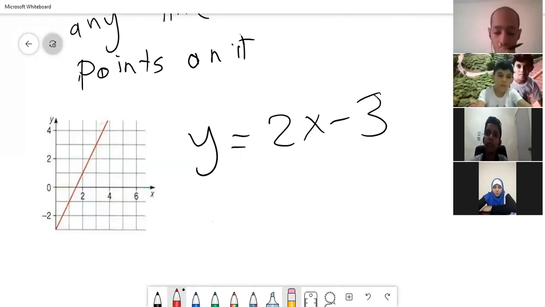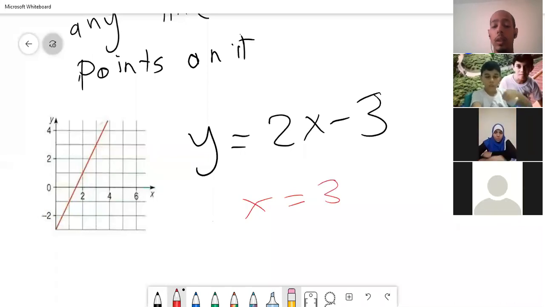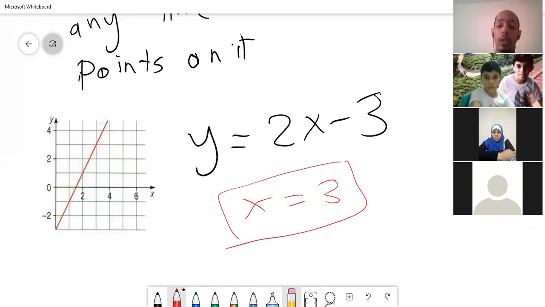For example, if I give you any value of x, for example, x equals 3, you're going to substitute this value of x in the function, and then what will you get?